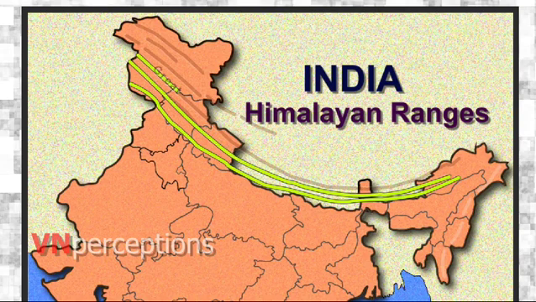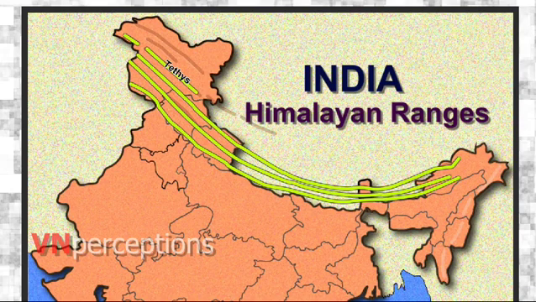Next, the Great Himalayan Range, known as the Himadri Range, and the Tethys or Tibetan Himalayas. Further north lies the Trans Himalayas.